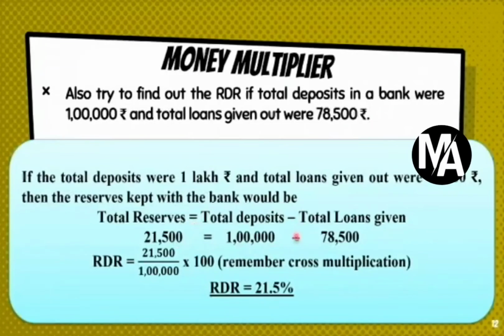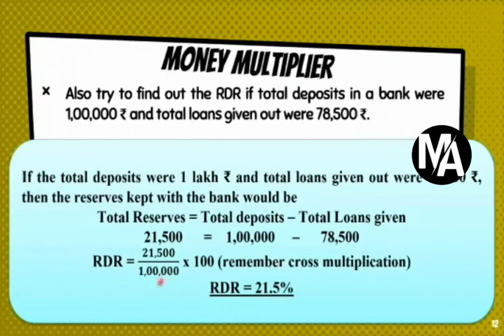So 1 lakh were the total deposits received by the bank. 78,500 out of this was given as loan. So the remaining 21,500 is kept with the bank as reserve. So by doing cross multiplication, what we will do is 21,500 divided by 1 lakh into 100, we will get the percentage of reserve deposit ratio, that is 21.5%.